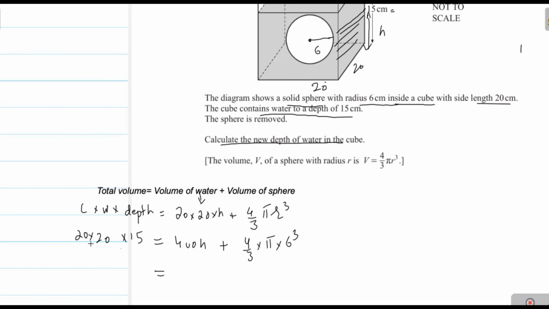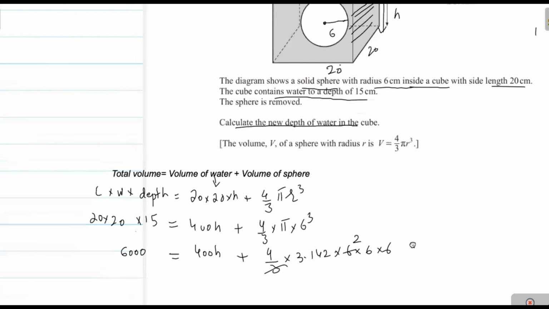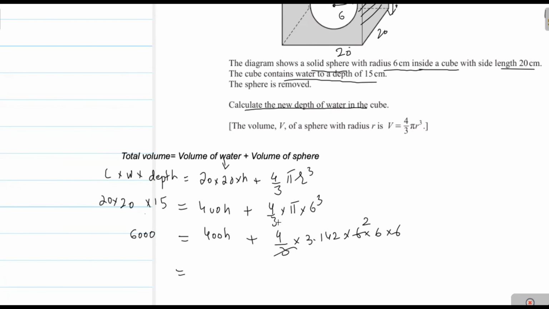Now we can write this as 20 times 20 is 400. 400 times 15 is 6,000. And this is 400h plus 4 over 3 multiply 3.142 multiply 6 multiply 6 multiply 6, and we get 3 times 2 is 6, and this is equal to 400h plus 4 multiplied by 72 multiply 3.142, and we calculate it.